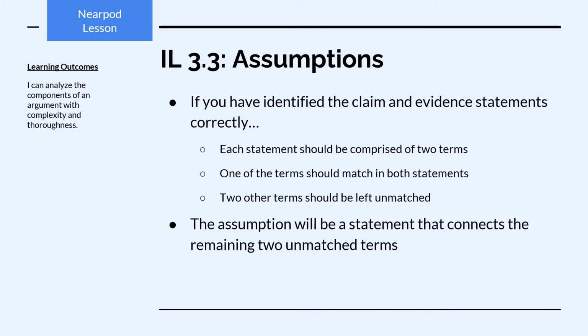No, we want to separate that out. So we need to make sure that each statement that we pull is comprised of two terms. Now, one of those terms should match in both statements. Then you should be left with two other terms that are unmatched. The assumption, when we write it out, will be a statement that connects the remaining two unmatched terms.